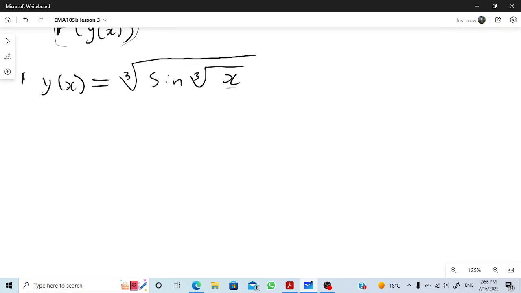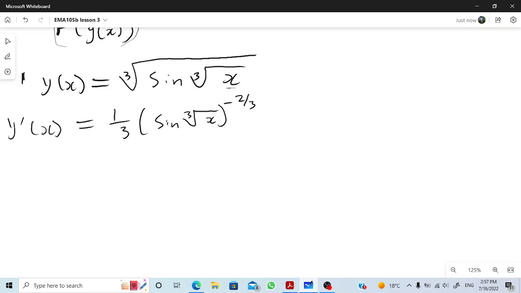Okay, so y prime of x equals 1 over 3 times the sine of the cube of x, then here you are going to have exponent negative 2 over 3.